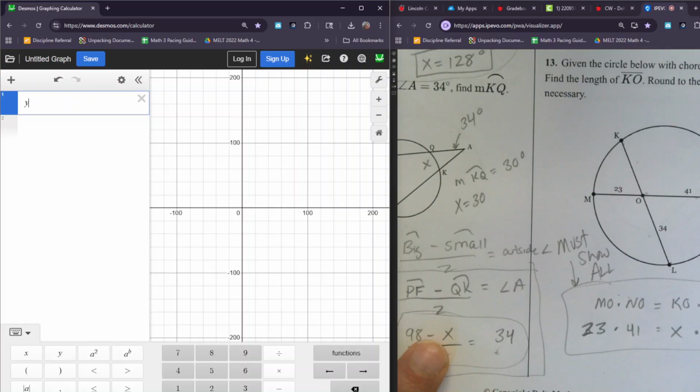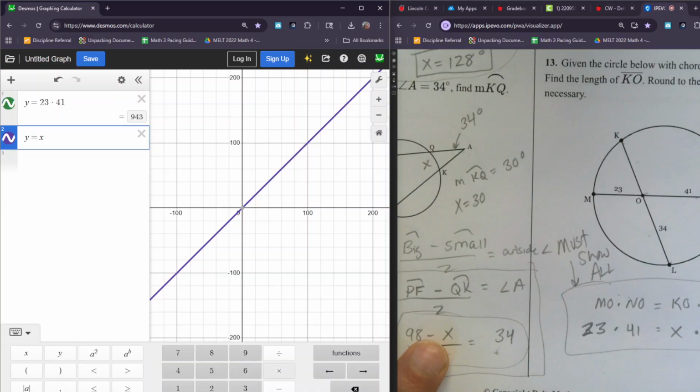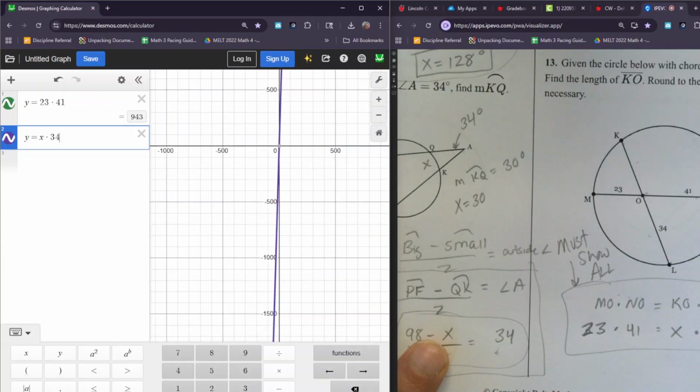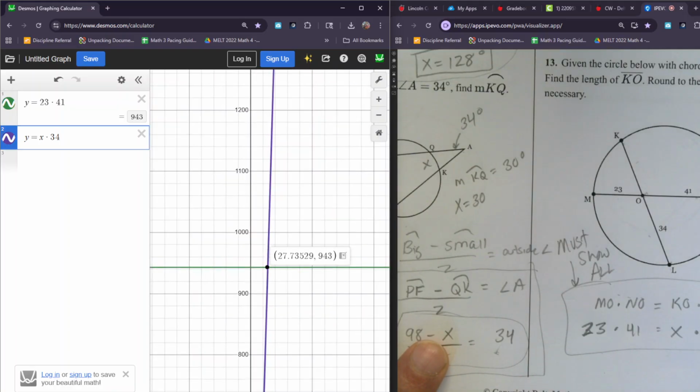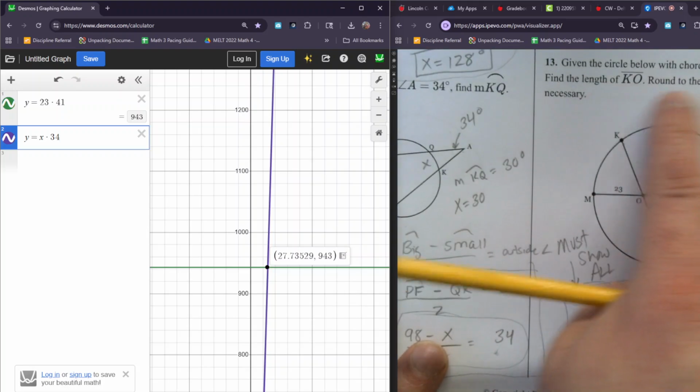So Y equals 23 times 41. And then Y equals X times 34. All right, just zoom out. There we go, right there. All right. Now we can get decimals here.